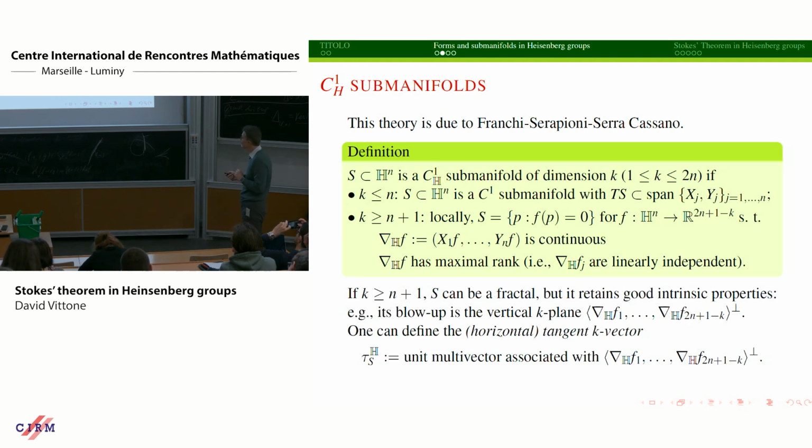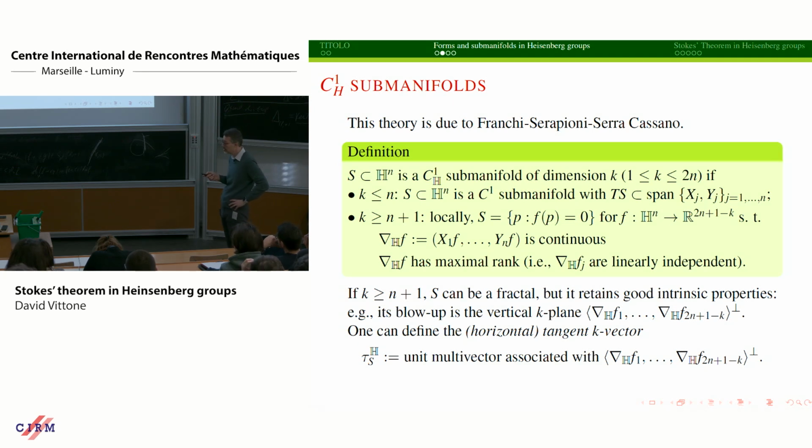Okay, so let me say a few further words about the definition in this second case. When the dimension is greater than or equal to n+1, so we are taking the level set definition, these level sets can be fractal, they can have fractional dimension.